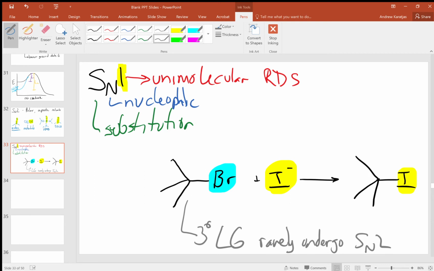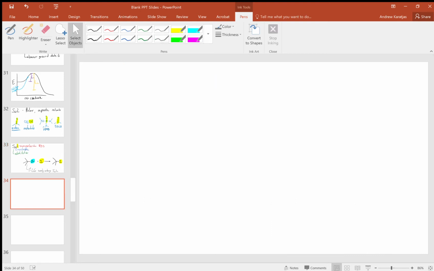So how does this reaction work? What is the mechanism for an SN1 reaction? And how is it that a compound like this, a tertiary alkyl halide, which is terrible for SN2, turns out can work well for SN1? Well, we could think about some of the things that having more substituents would help.